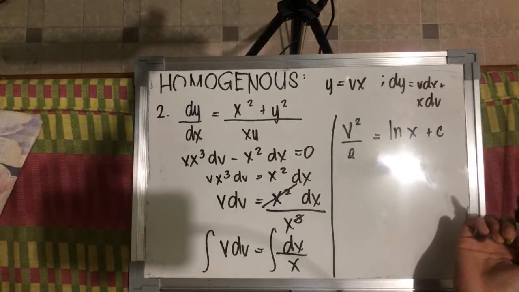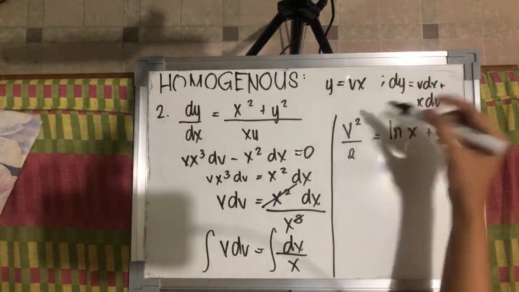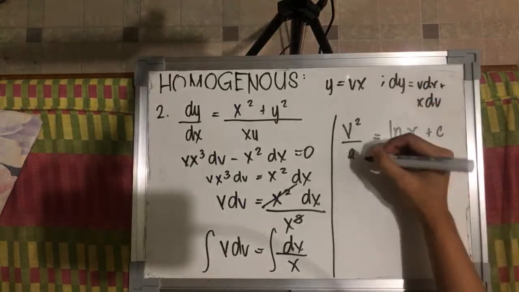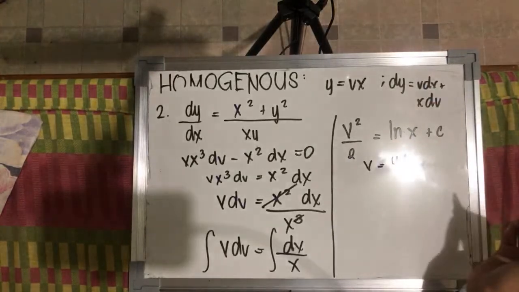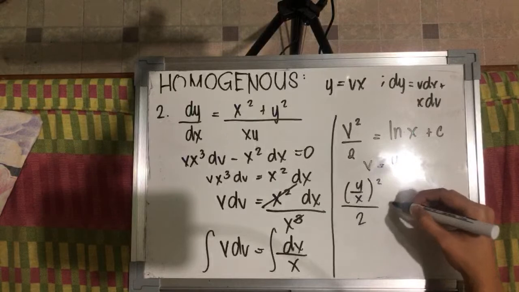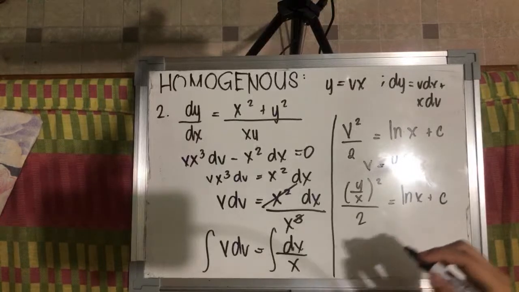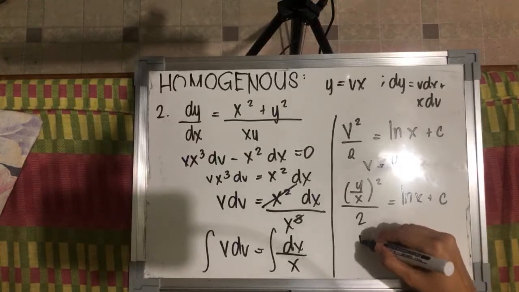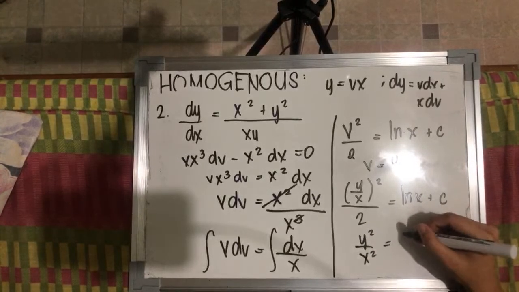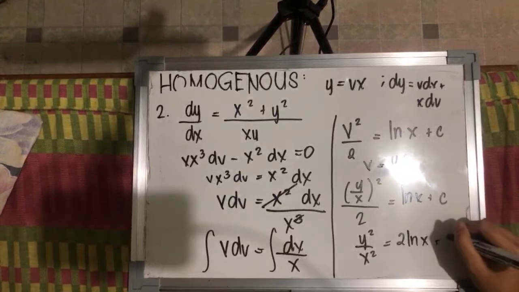Ngayon, pwede na nating ibalik yung v sa dati. So, v is equal to y over x. So, substitute y over x squared over 2 is equal to ln of x plus c. So, magiging y squared over x squared is equal to, cross multiply ko lang to, 2 ln of x plus c.